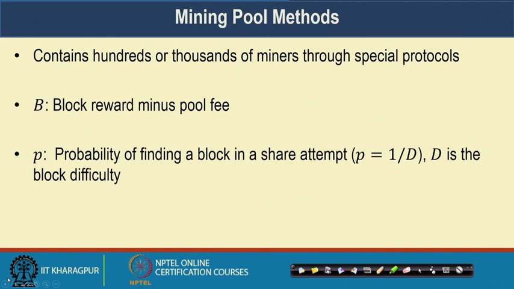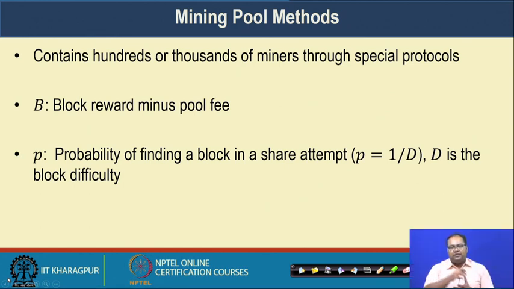Assume that capital B is the block reward minus the pool fee. Whenever you participate in a mining pool, you have to give some fee for that, and B is the effective reward that you are getting, and P is the probability of finding a block in a share whenever multiple miners are trying to do that.